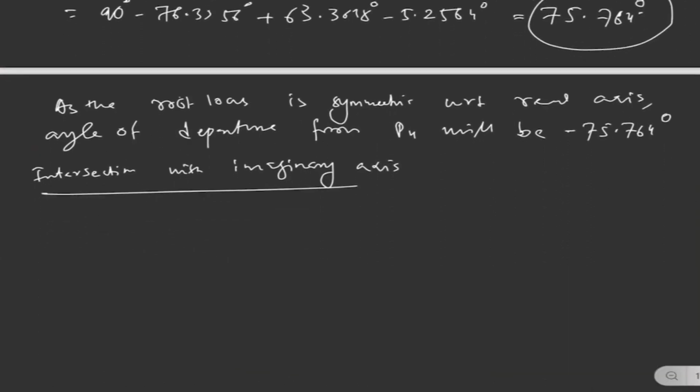So for this, we have to find the closed loop characteristic equation. The same process what we have done before.